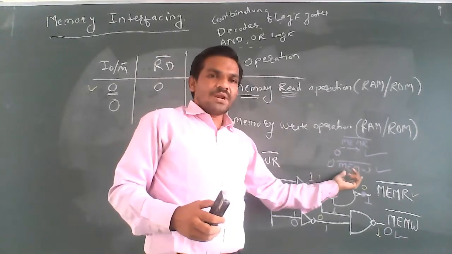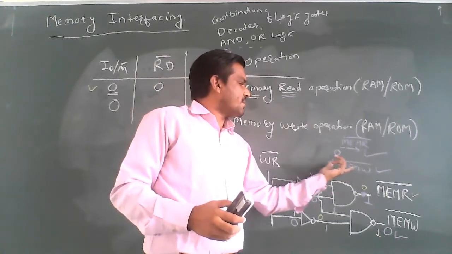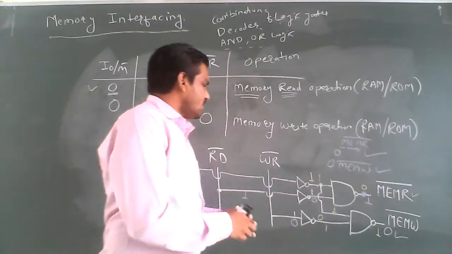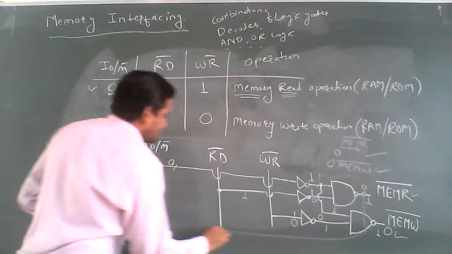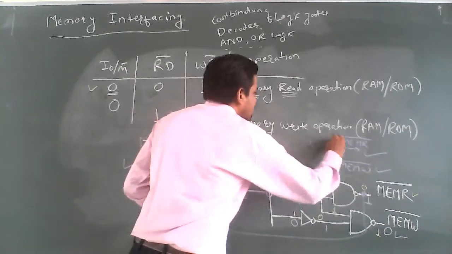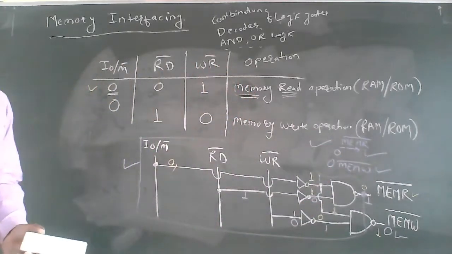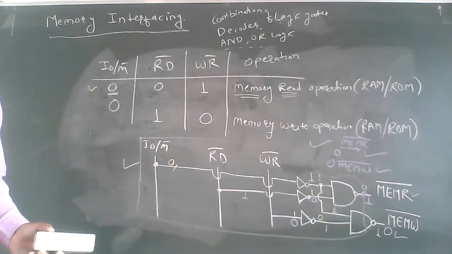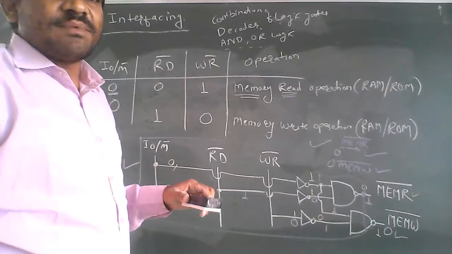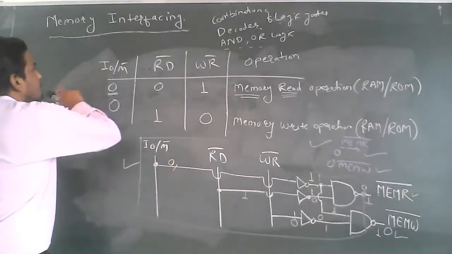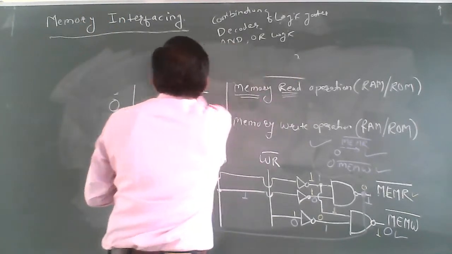When you want a write operation, this MEMWR bar should get a 0 value. Apart from this circuitry, you can change the circuitry also, but you have to remember these basic equations, or you can say basic understanding of these particular pins. So this is your memory read and memory write operation.